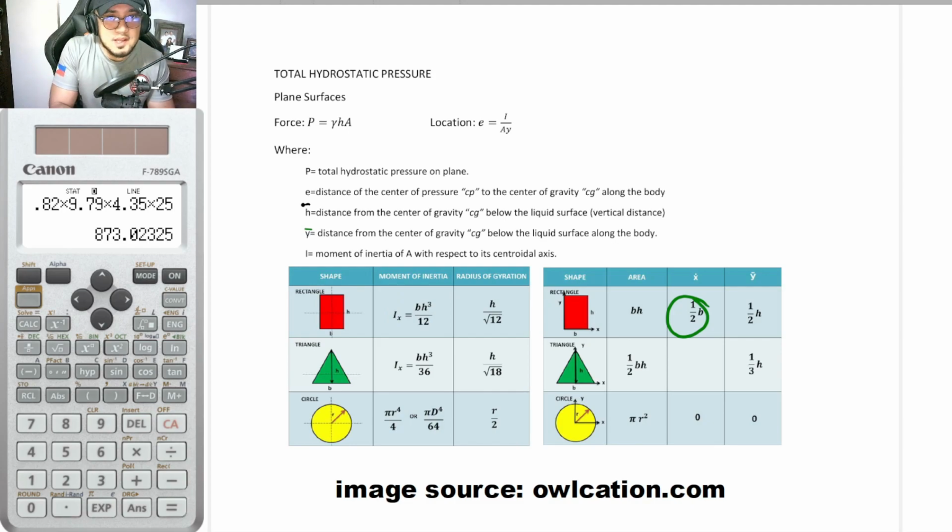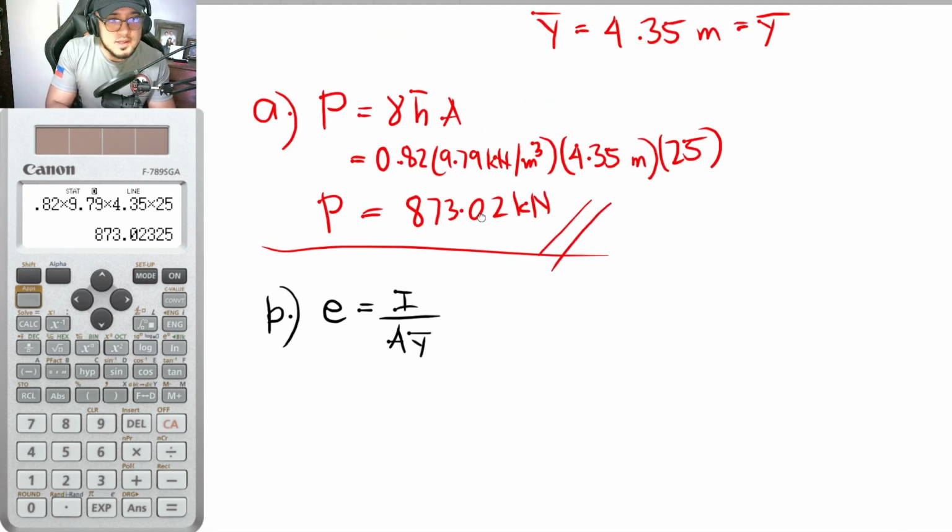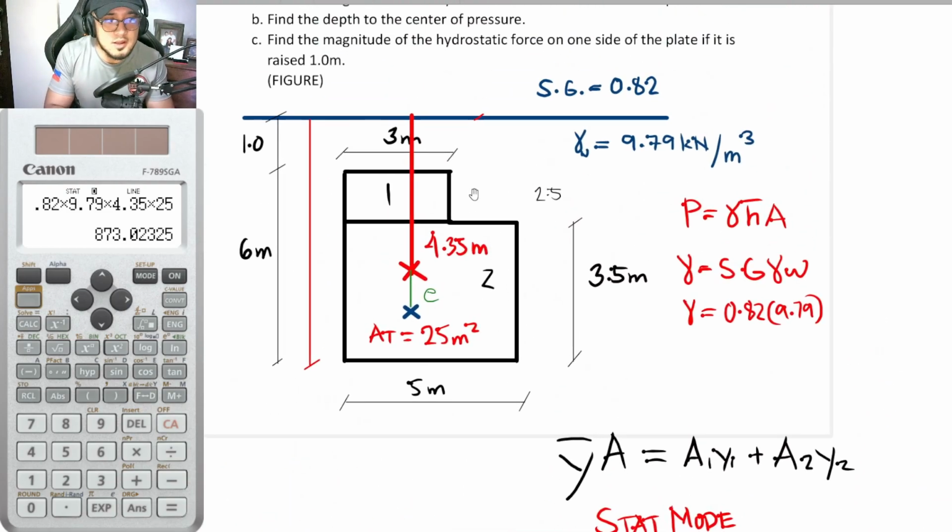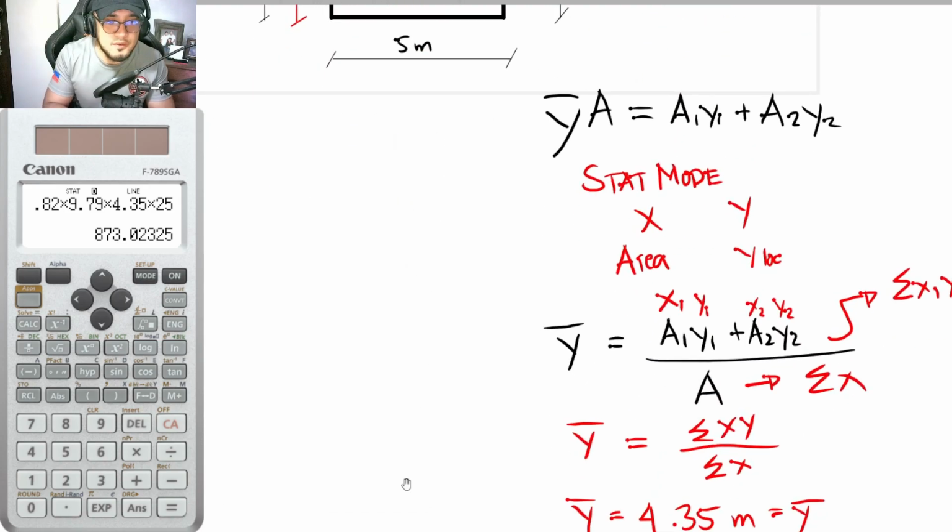But once again, since our figure here is a composite one, meaning it is not really a basic shape, it is the combination of basic shapes. With that, once again, we cannot make use directly of those formulas, but we will now be making use of the transfer formula.